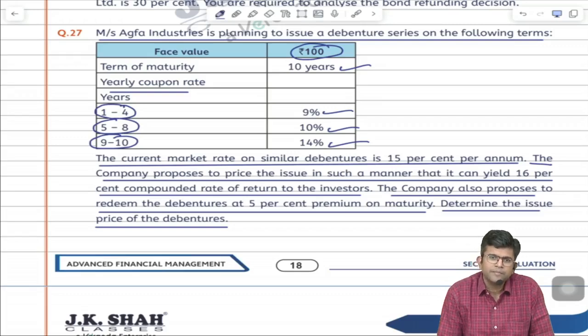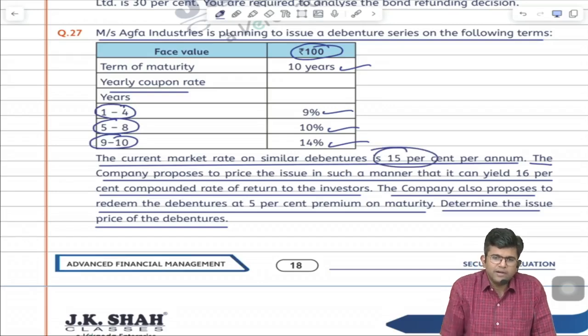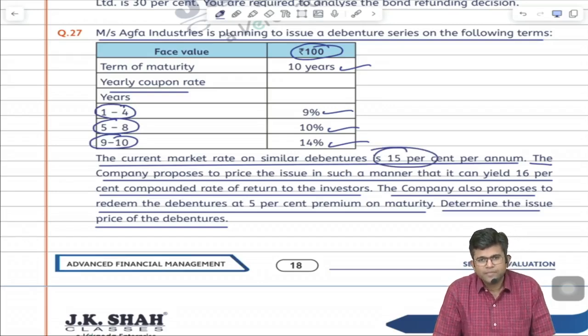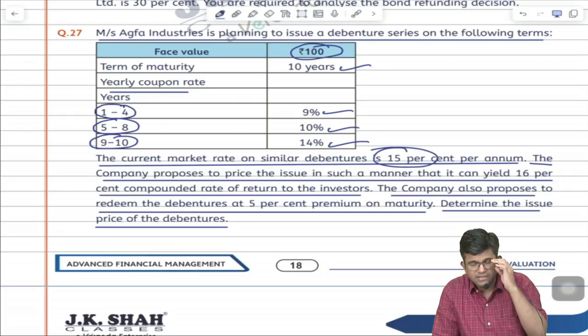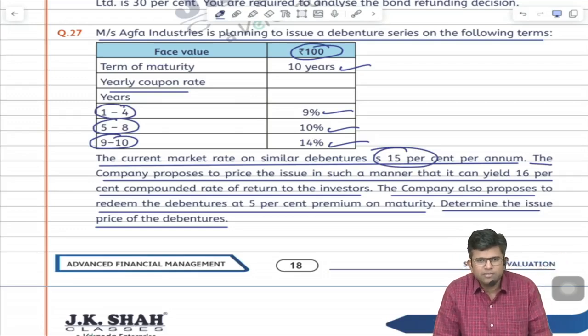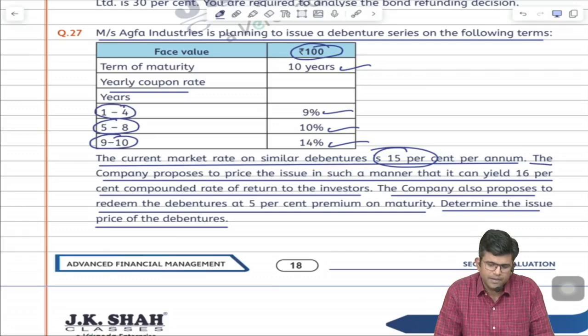Everyone clear? Now, this line given here says that if you, the investors, invest outside, somewhere, you will get a yield of 15%. Everyone clear? You will get a yield of 15%.